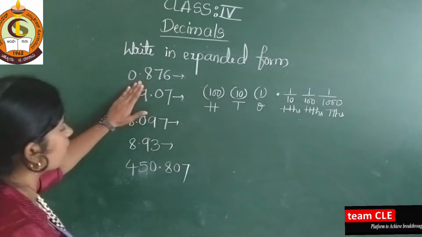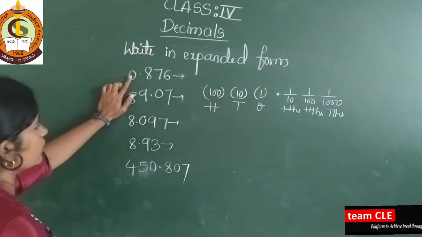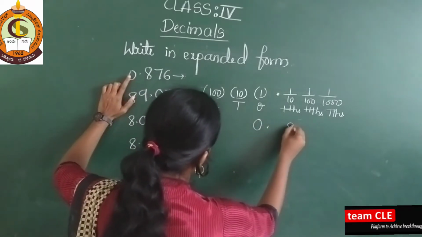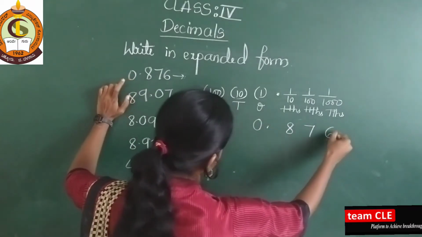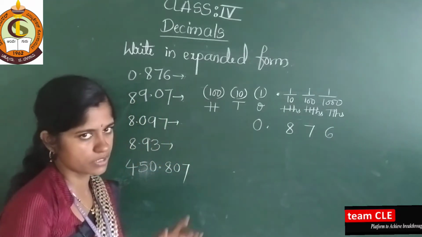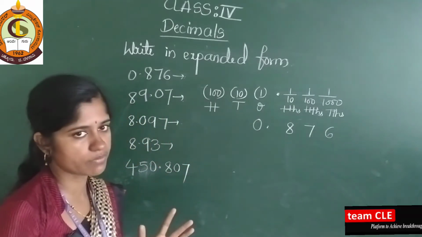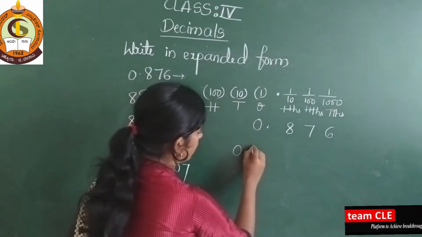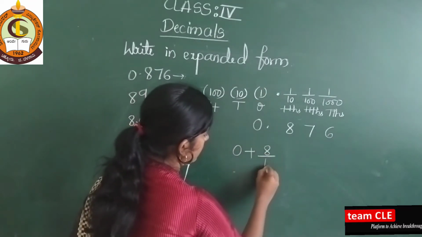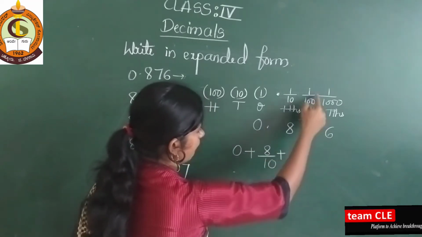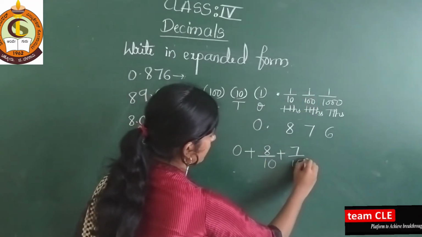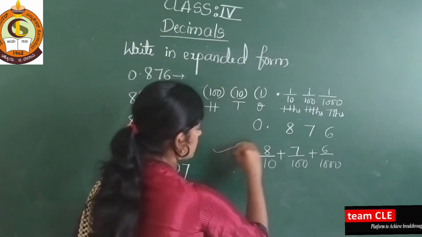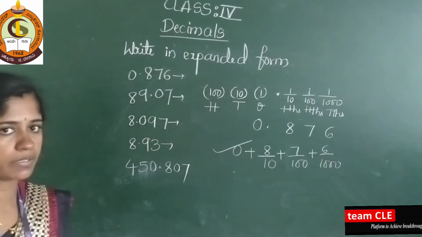Then let us write this number in the place value chart. 0 is there in the ones place, so write here 0.876. So I arranged this number in the place value chart. 0 in the ones place means it is 0 plus 8 by 10 plus 7 by 100 plus 6 by 1000. This is how we expand the numbers.